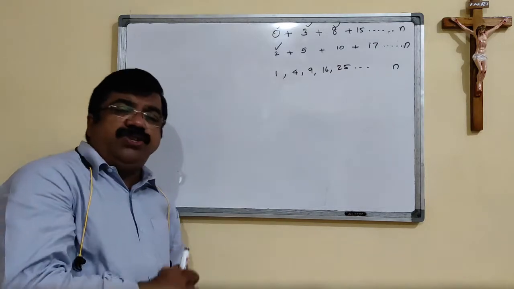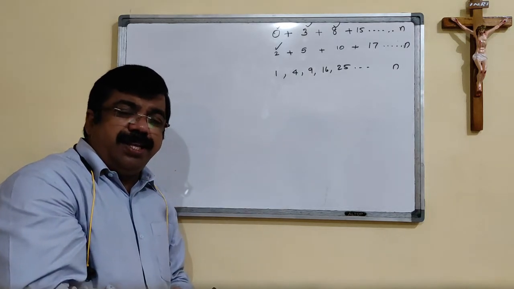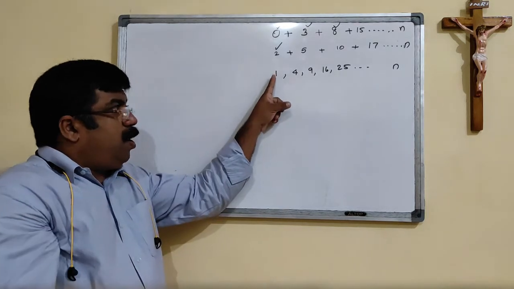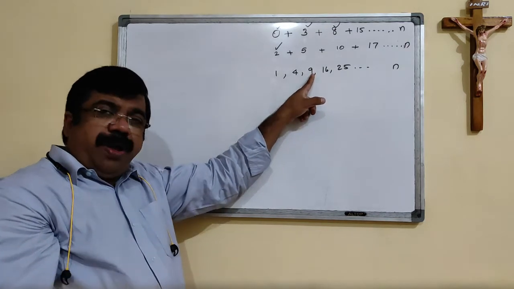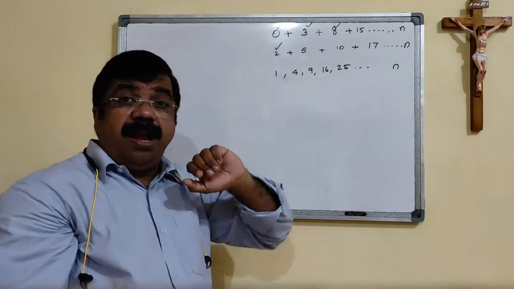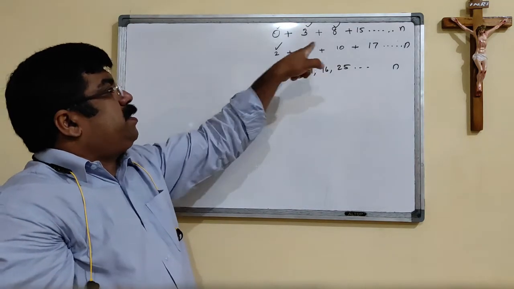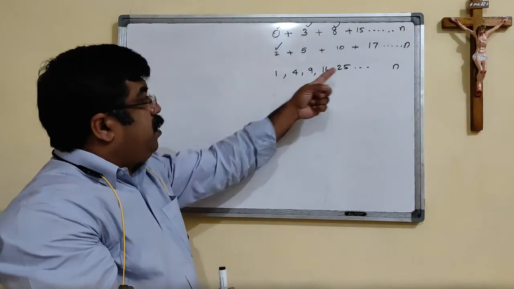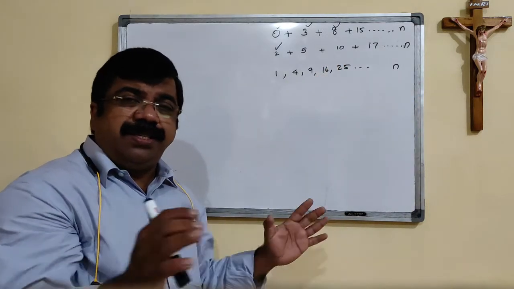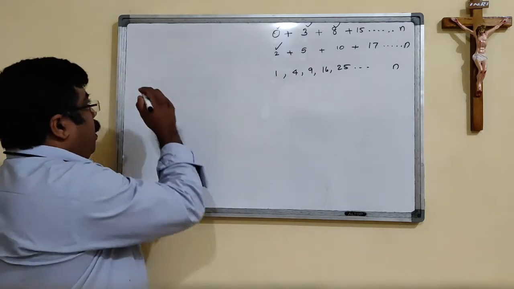See, the next series, that is very clear in the relationship between the digits: 1 square, 2 square, 3 square, 4 square, etc. But the only difference is that we are not printing the sum, but we are printing those digits with the commas. The rest everything is same, so we can see that program also.